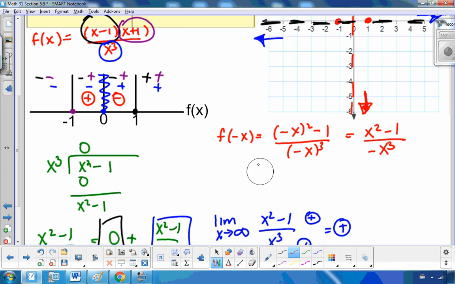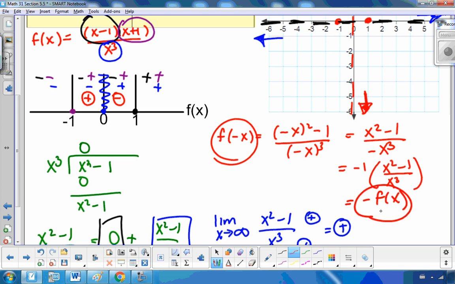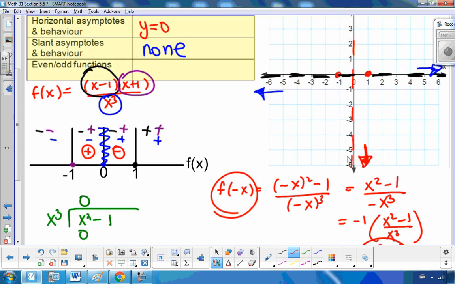So seeing as how I don't end up with f of x, I factor out a negative 1 to see if I will then end up with f of x. So factoring out a negative 1, I do end up with this, which is negative f of x. So since f of negative x equals negative f of x, I know that they are symmetrical about the origin and therefore odd.